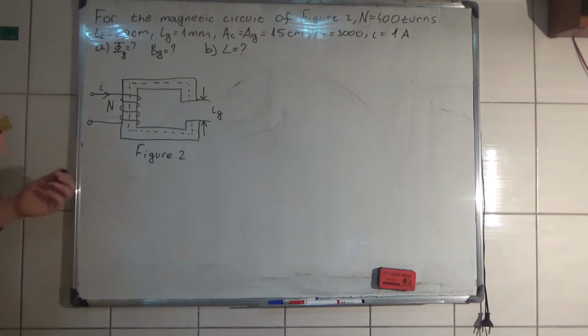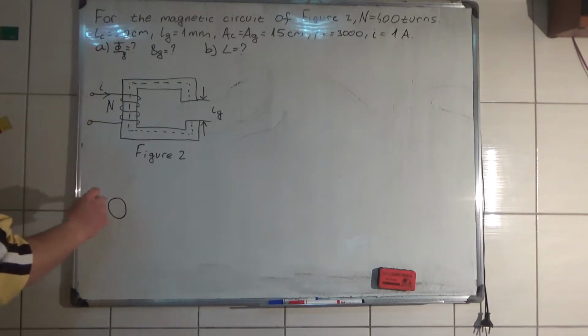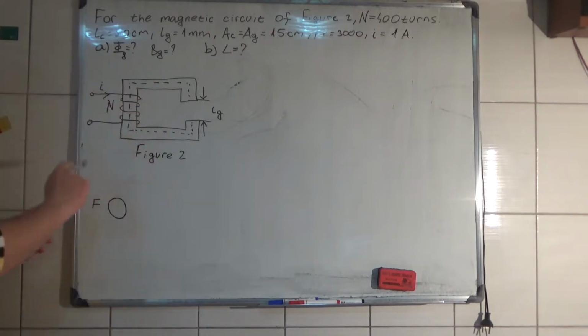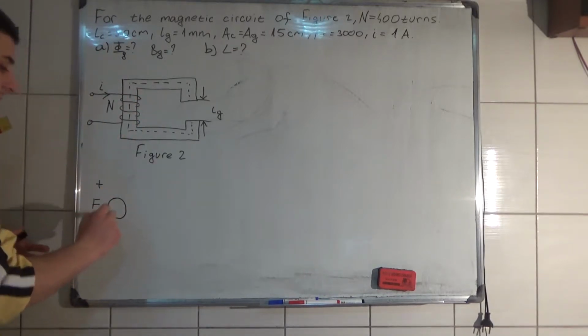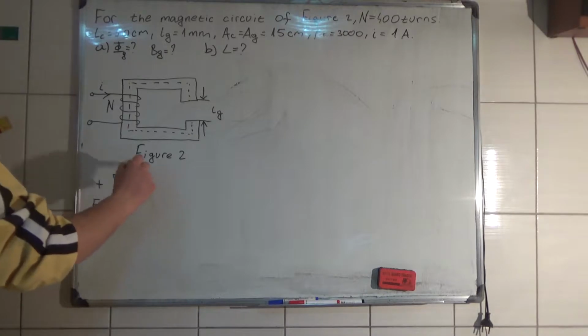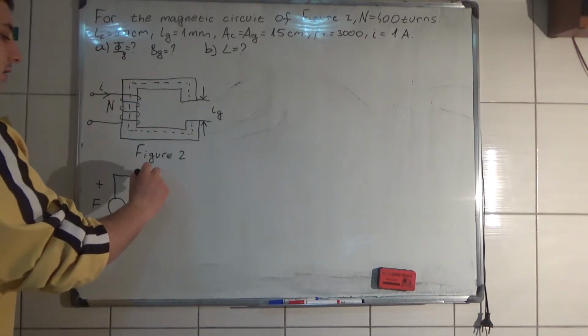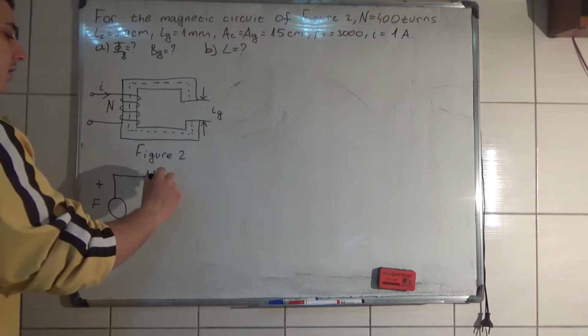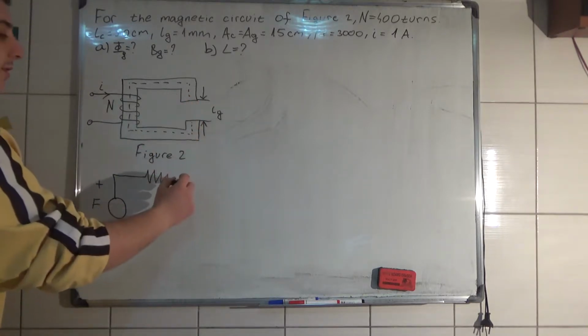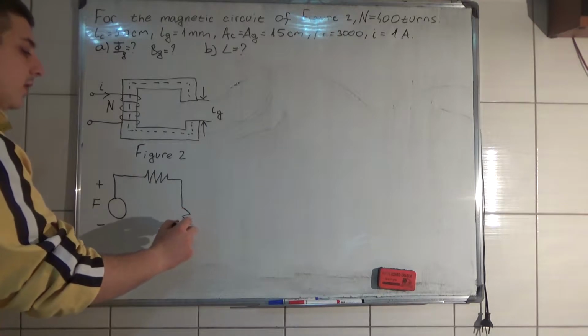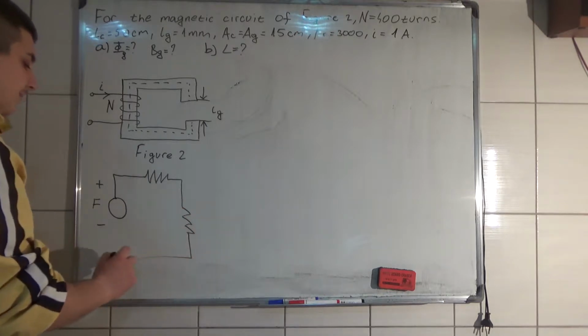So we have the schematic that looks like this. This is the MMF produced in this coil, plus, minus. Here we have a reluctance of the core, and here we have the reluctance of the air gap.